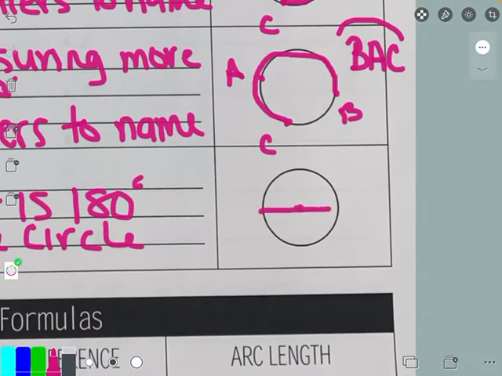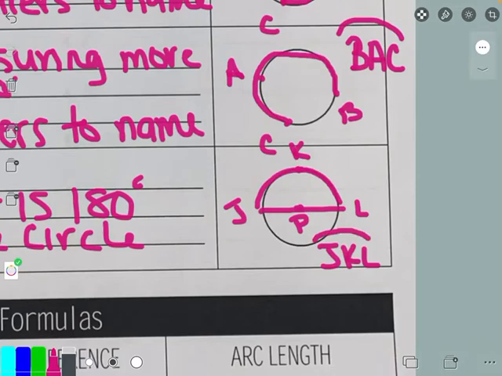The center was always point P. For example, that would be arc JKL. We would also use 3 letters for a semicircle.